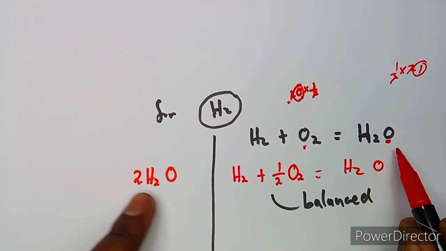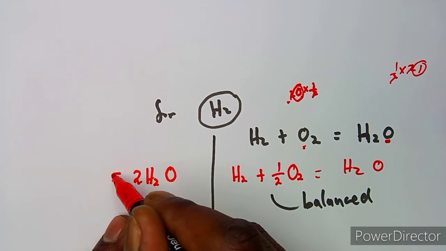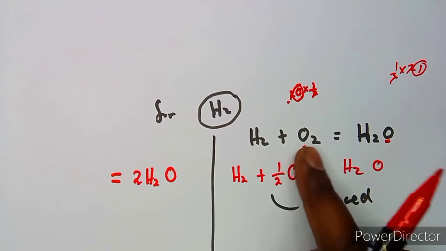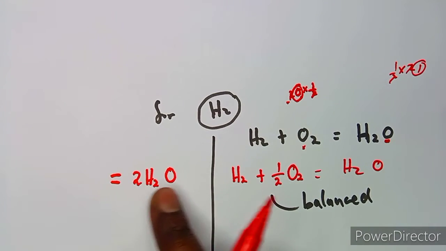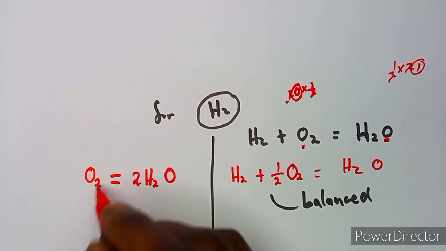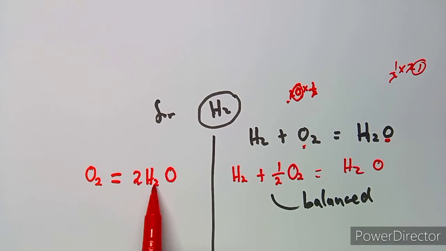So you multiply the prefix 2 by 2, which is 4. For the oxygen, they are already 2, so this is not going to change. I'm going to remain with 2 oxygen as they are. But the hydrogen has changed, because it's now 2 times 2, which is 4.